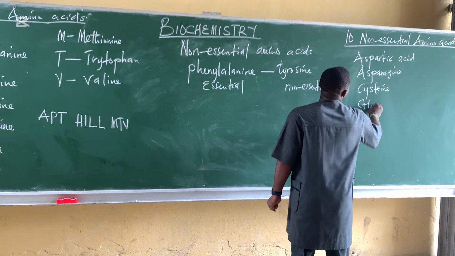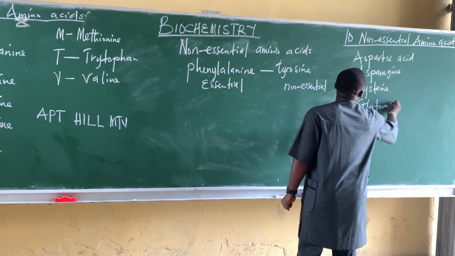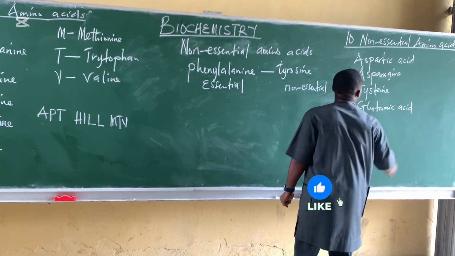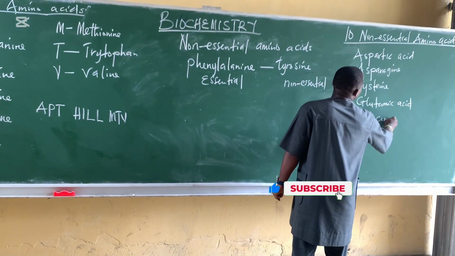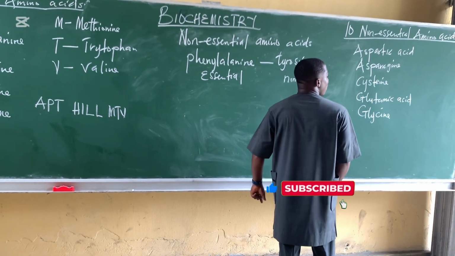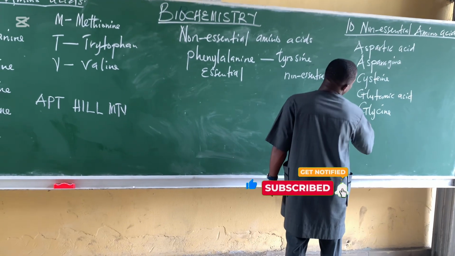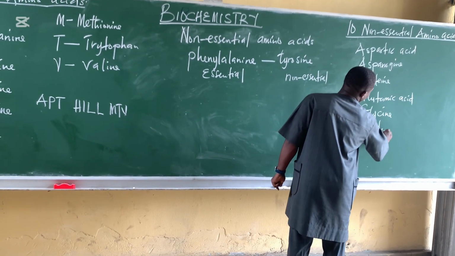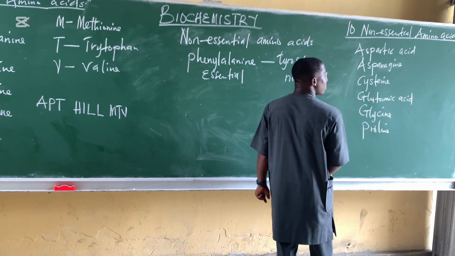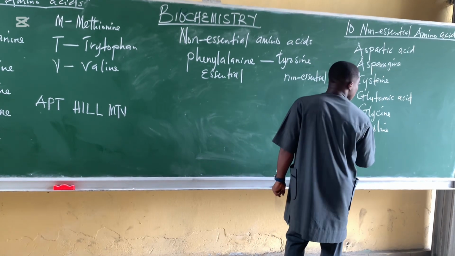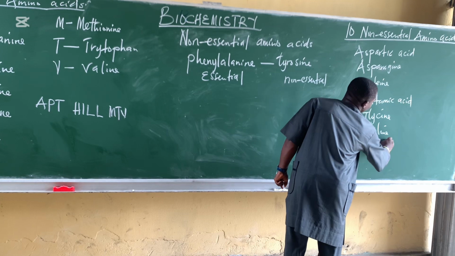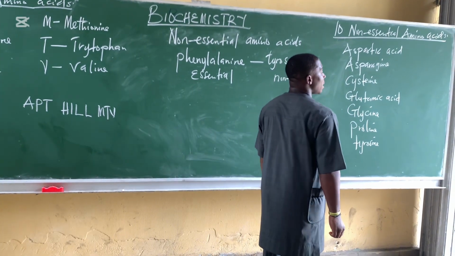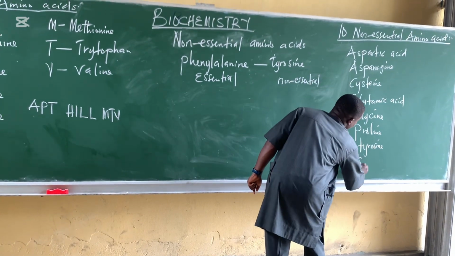Number four is glutamic acid. Number five is glycine. Number six is choline. Number seven is tyrosine. Number eight is serine.